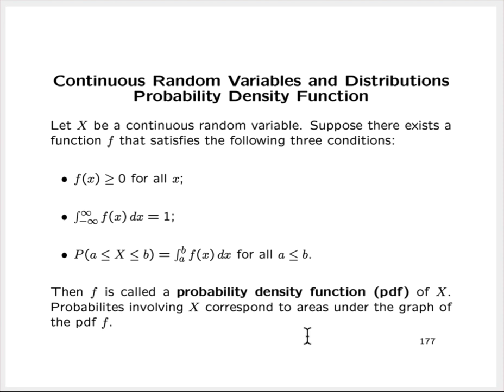Probabilities involving X correspond to areas under the graph of the PDF of X, which is again given by the integral of this PDF over the appropriate interval. So when we're talking about probabilities of continuous random variables, we're talking about the probability that the random variable takes on a value over some interval, not particular values.